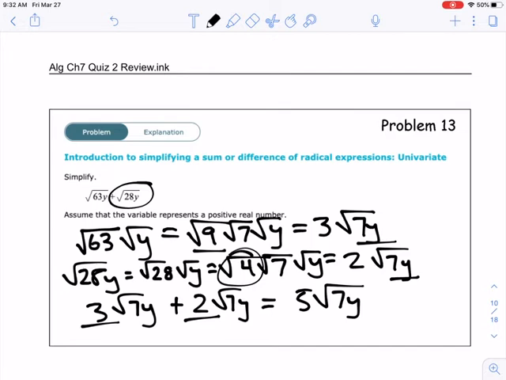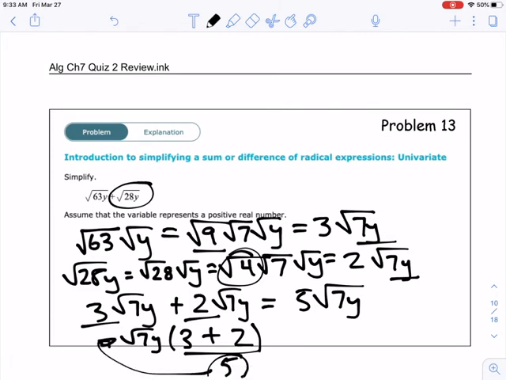And the reason for that is, think about the distributive property. If I pulled this square root of 7y out, that would leave me with 3 plus 2. And 3 plus 2 is 5. And then you would just move that in front, which would give you this answer right here.